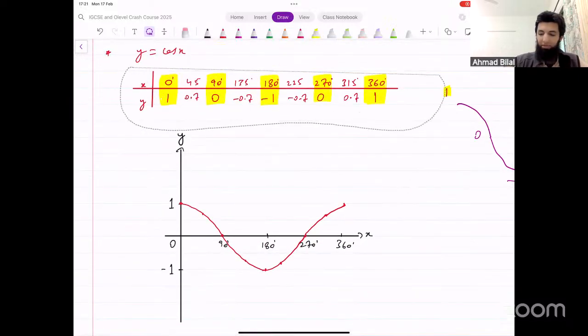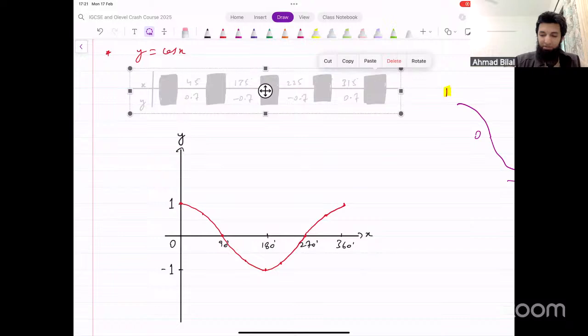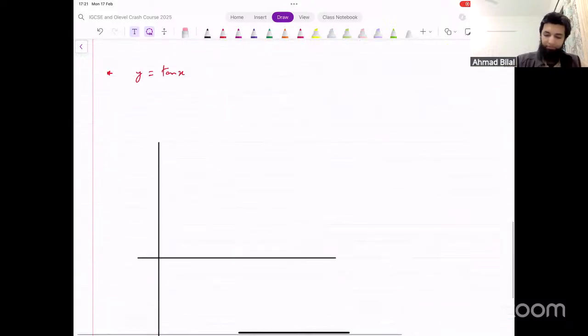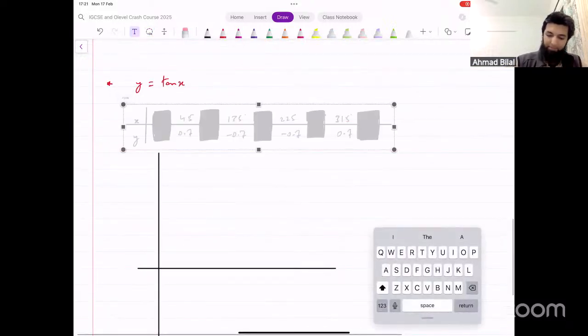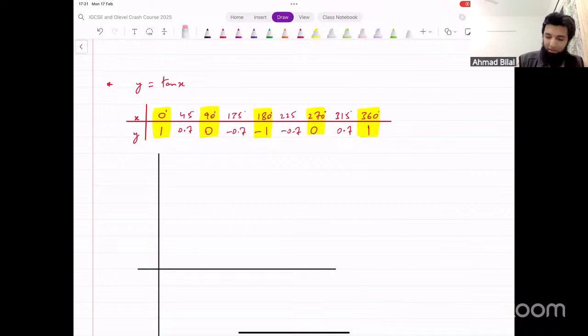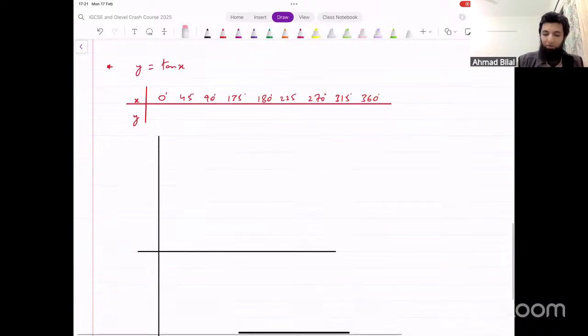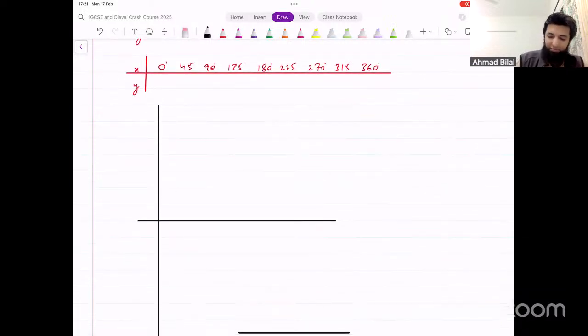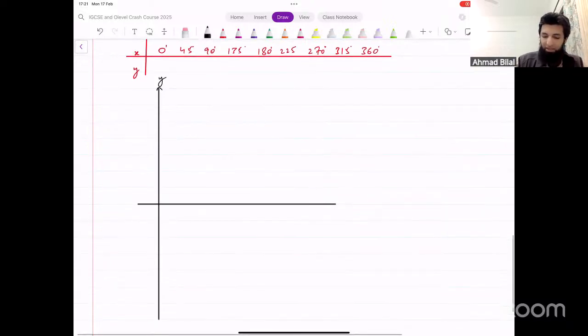It'll be the same table as far as the x values are concerned, and this is the table that we have. So now we have tan of x. Now this graph has a different shape. Let's understand what this is going to look like now.